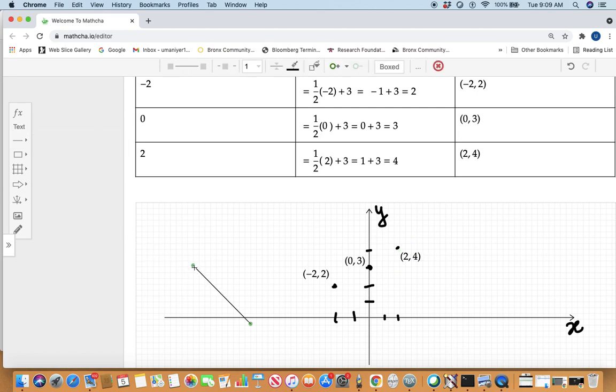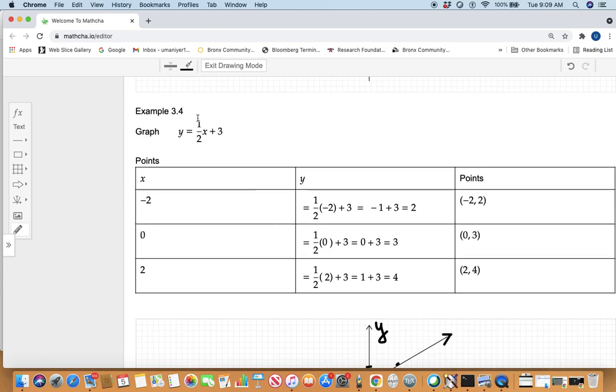And the line joining these 3 points. It's as simple as that. So when you have a fractional coefficient, don't worry, choose x's just appropriately so that you can calculate easily.